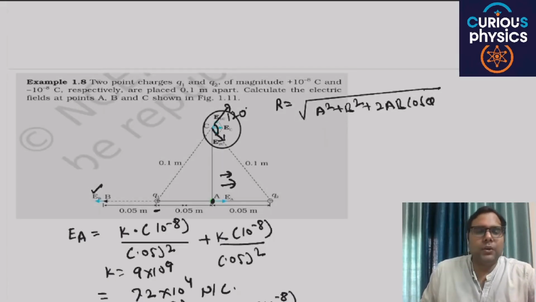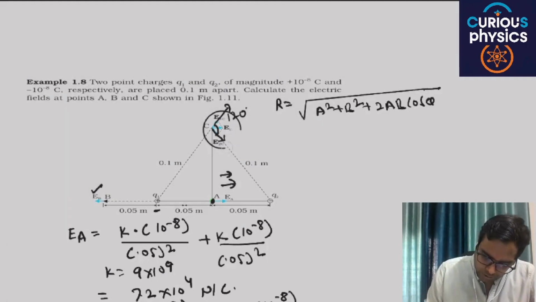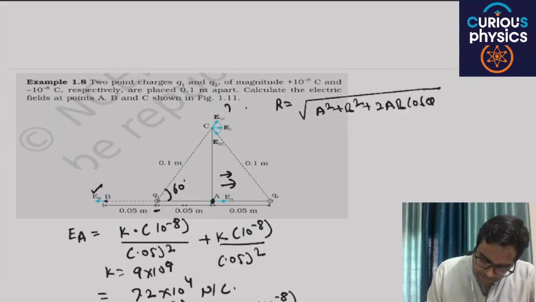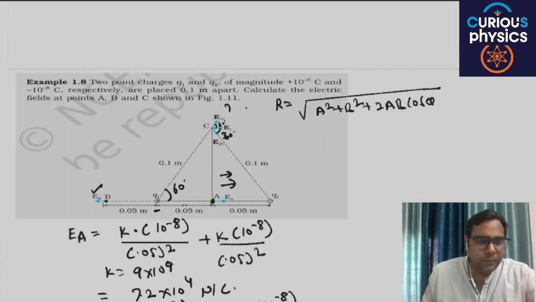Another way, you can do it by the components. For example, if this angle is 60 degrees, obviously this angle will be 60 degrees, this will also be 60 degrees, and this will also be 60 degrees. Are you getting my point?